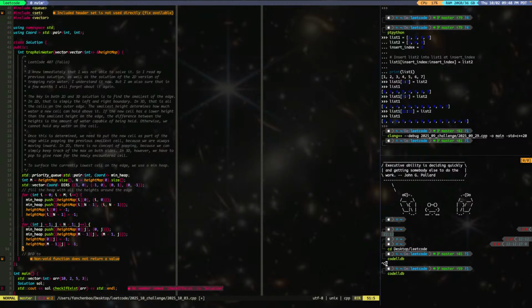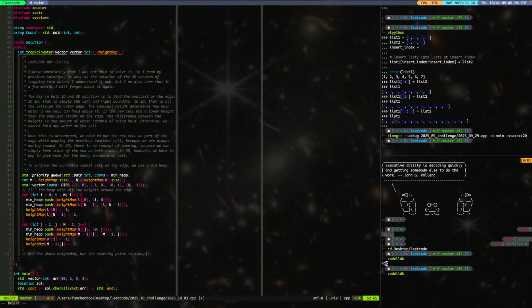Okay. So now in a BFS, right? BFS the whole height map, but the starting point is always the cell with the min height in the heap, and we go all 4 directions, right?